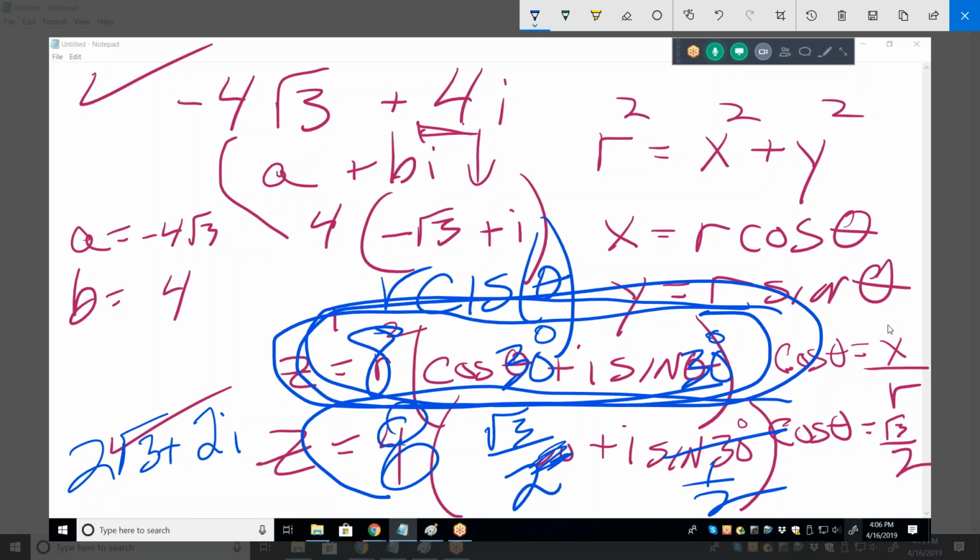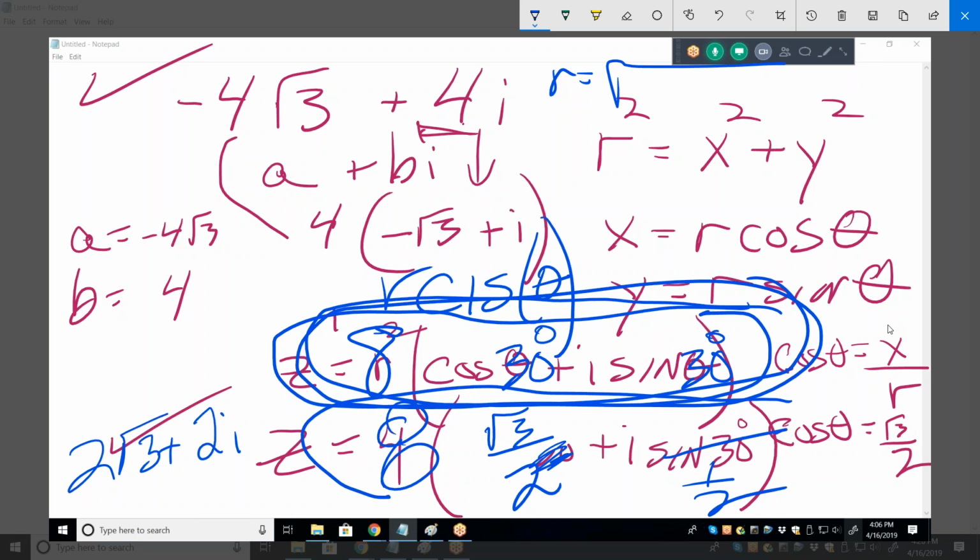Now the question is, how do you get 8? And it's not r squared, it is r. However, r is equal to the square root of the two coefficients.